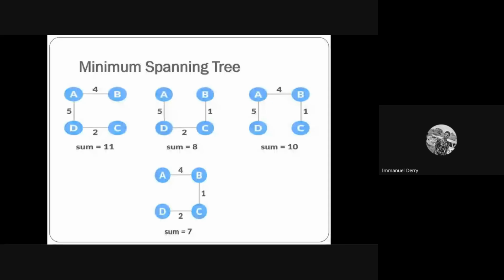We have this one also, which has a sum to be... And we have also which has a sum to also be... Then we choose this as the minimum spanning tree because it has the least.